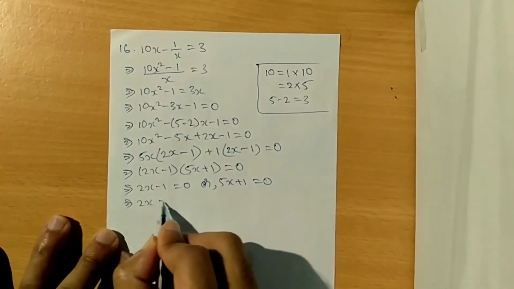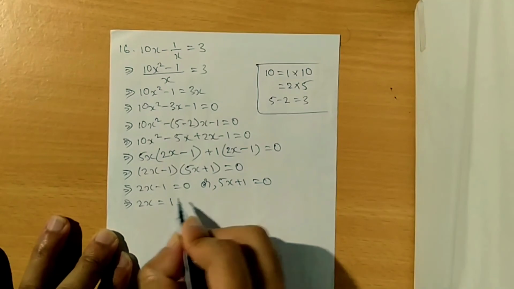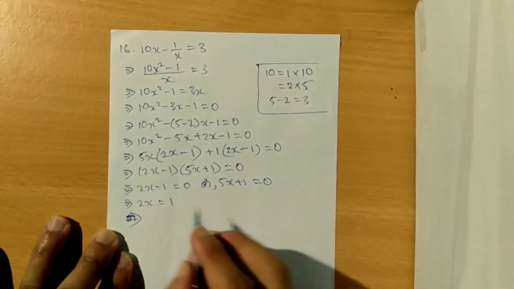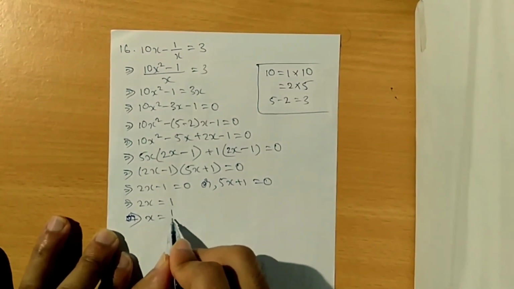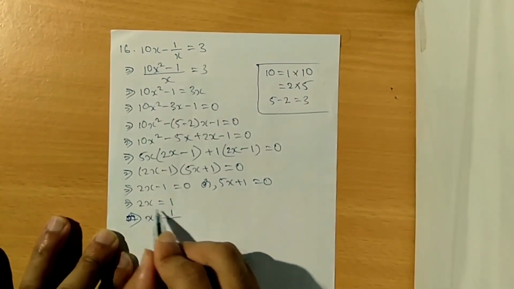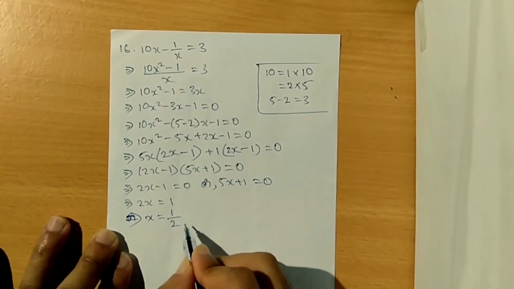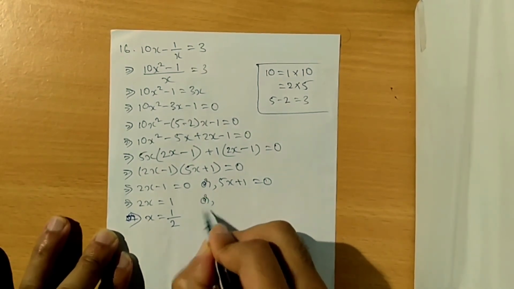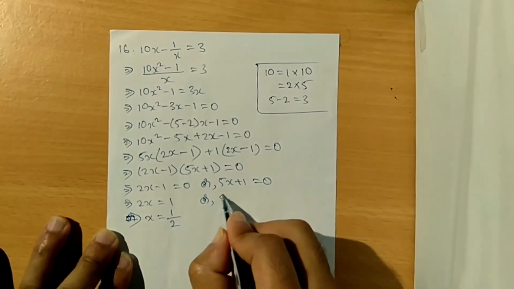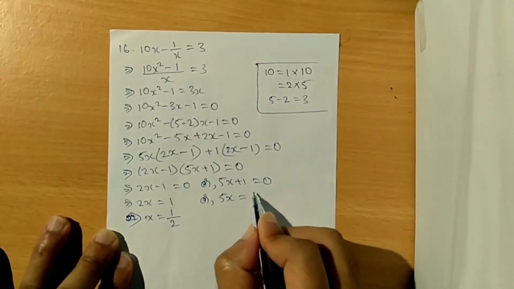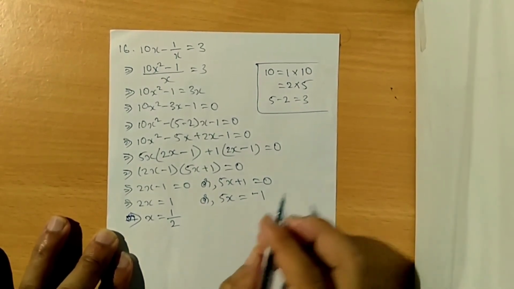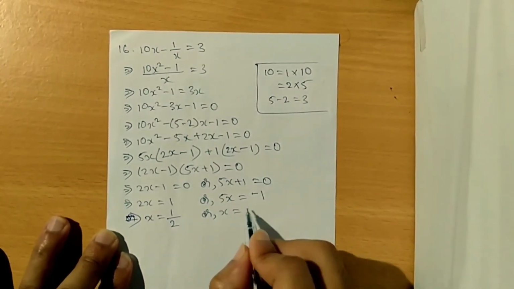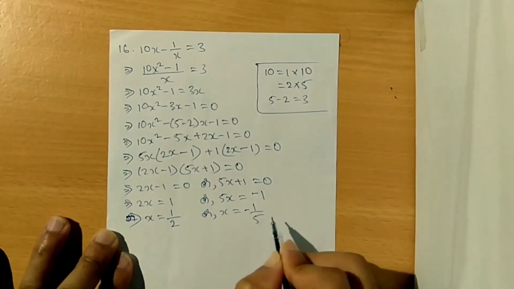This implies 2x is equal to 1, so x is equal to 1 by 2, or 5x is equal to minus 1, so x is equal to minus 1 by 5.